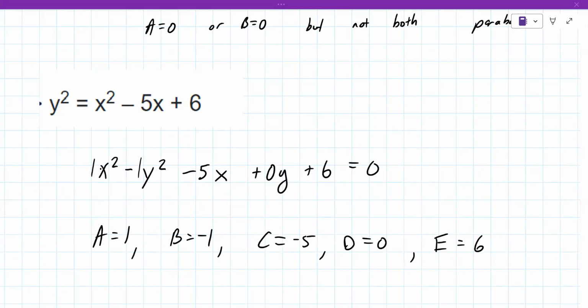So why don't you graph this one as well? Tell me what you see. It's a hyperbola.